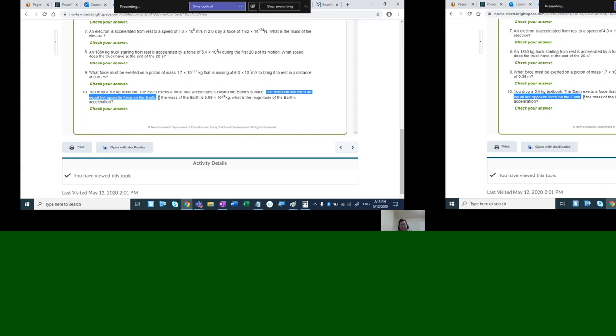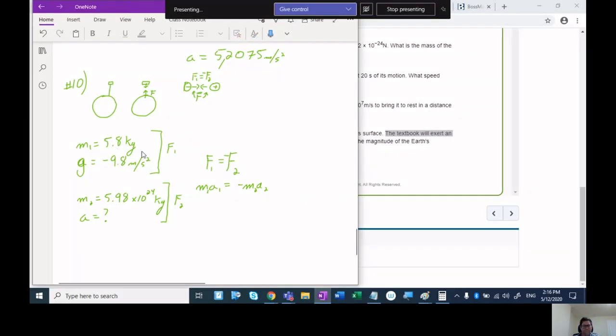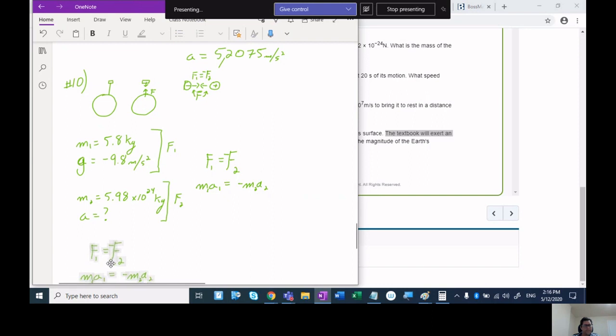Right? Because this sentence says that, but also because they're refreshing your memory. The textbook will exert an equal but opposite force on the Earth. So equal, opposite. So because they say so, I'll put my minus and put the little minus right here. All right. Cool, cool. Let's keep writing. I'm going to bring this down here just because I can't write.